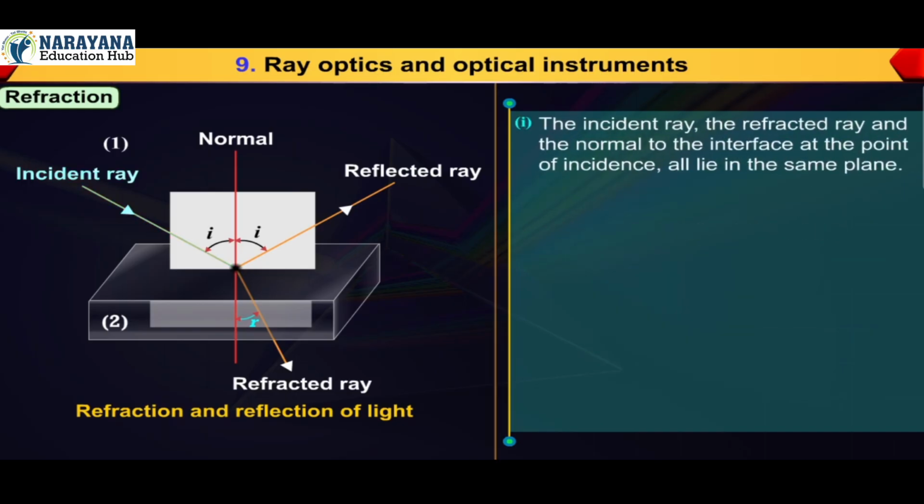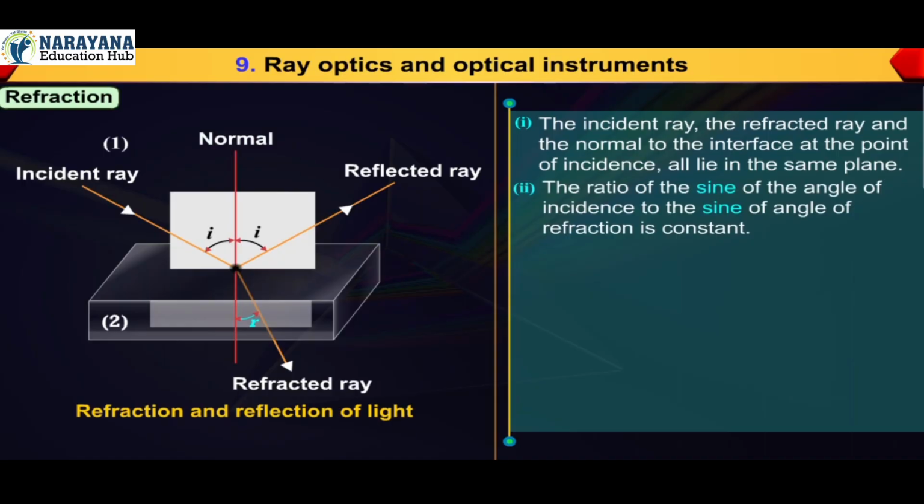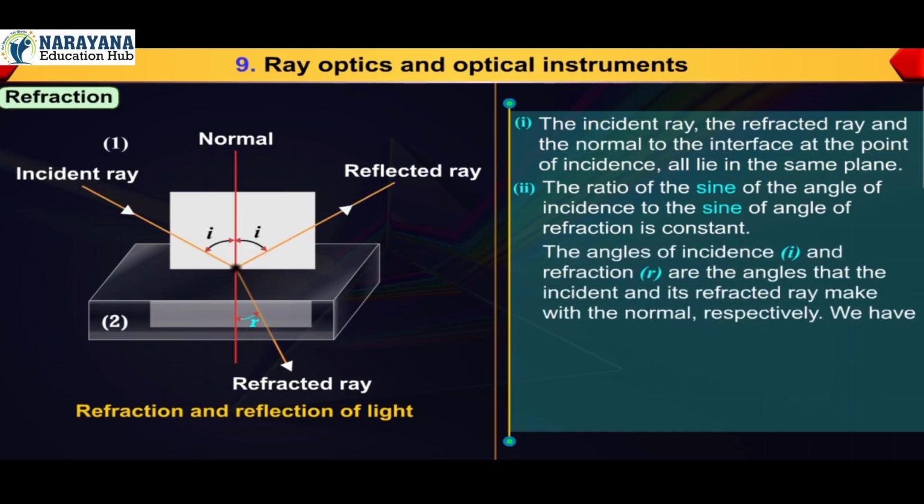Number 1. The incident ray, the refracted ray, and the normal to the interface at the point of incidence all lie in the same plane. Number 2. The ratio of the sine of the angle of incidence to the sine of the angle of refraction is constant. The angles of incidence i and refraction r are the angles that the incident and its refracted ray make with the normal respectively.